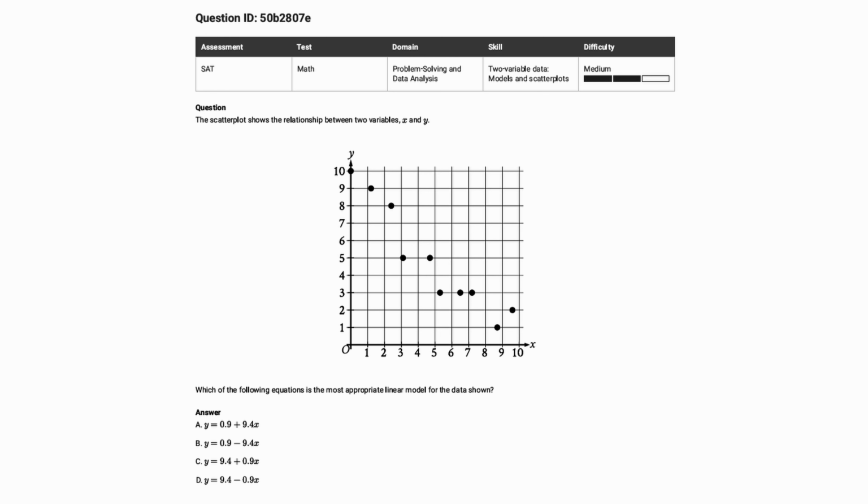So we know that 0.9 is our slope, and we know it's negative. And just based off of that, we know that the answer is D. We can also see that the y-intercept is 9.4, which with a line of best fit would make sense. And yeah, once you identify that the slope is negative and it's roughly 1, you can just come to D as the conclusion.